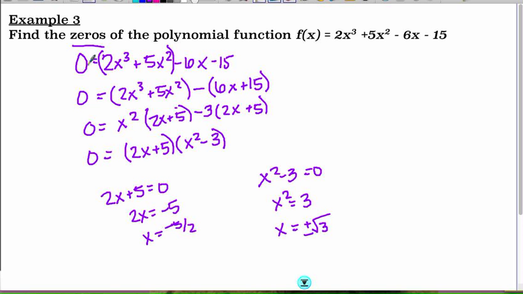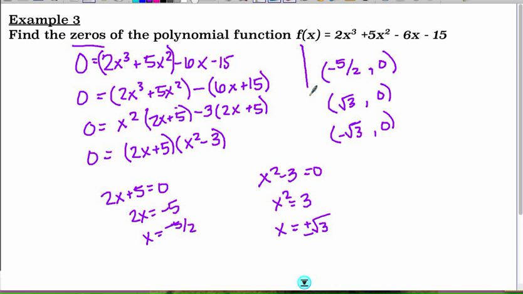So if I'm finding the zeros, I want us to get into the habit of putting them in coordinate notation or coordinate form. So this would end up giving me a point of negative 5 halves, comma 0, because we're talking about x-intercepts here. This is two solutions, remember, so I have a positive root 3, 0, or I have a negative root 3, 0.